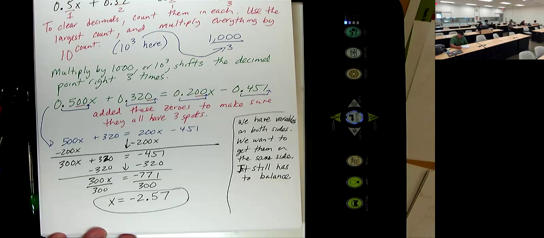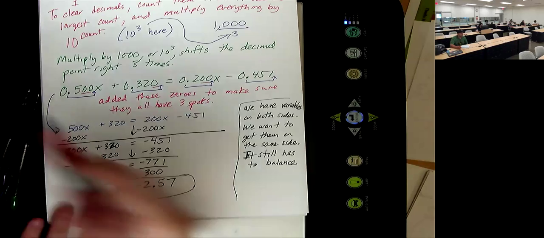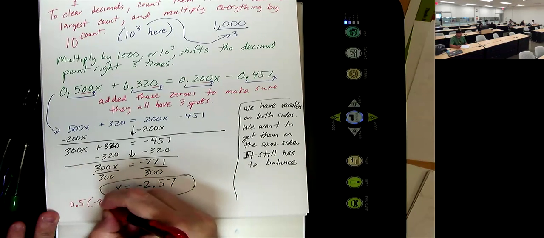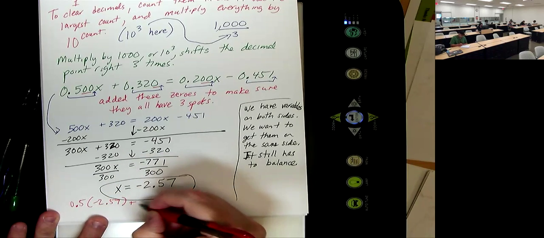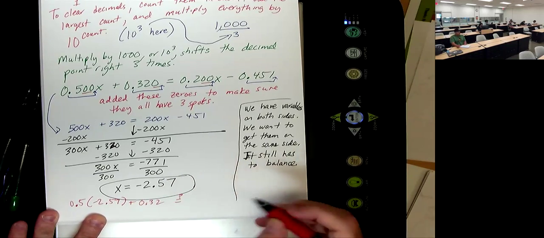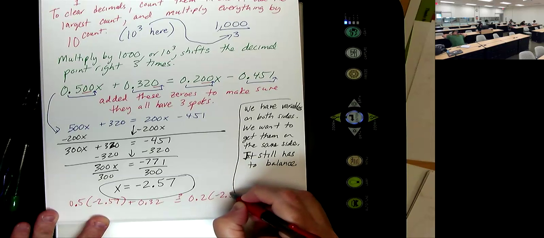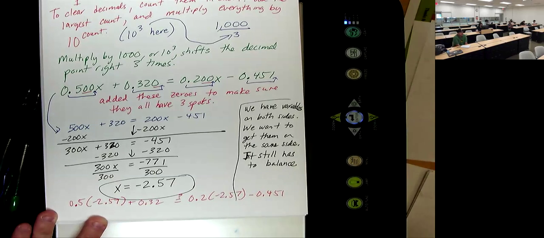You can always check your work by plugging it in. In fact, let's do that. 0.5 times -2.57 plus 0.32. Does that equal 0.2 times -2.57 minus 0.45?